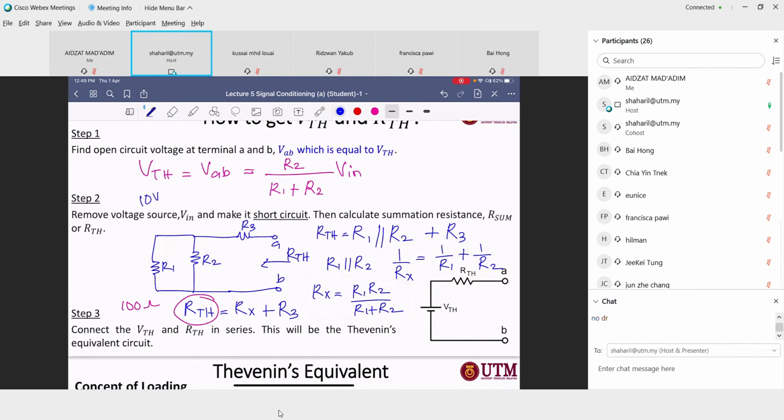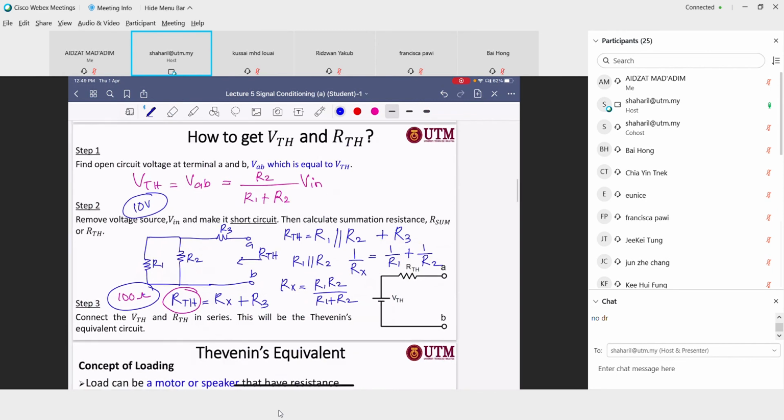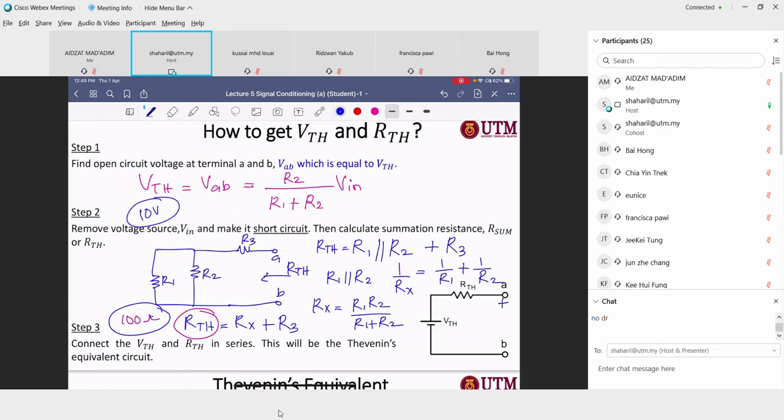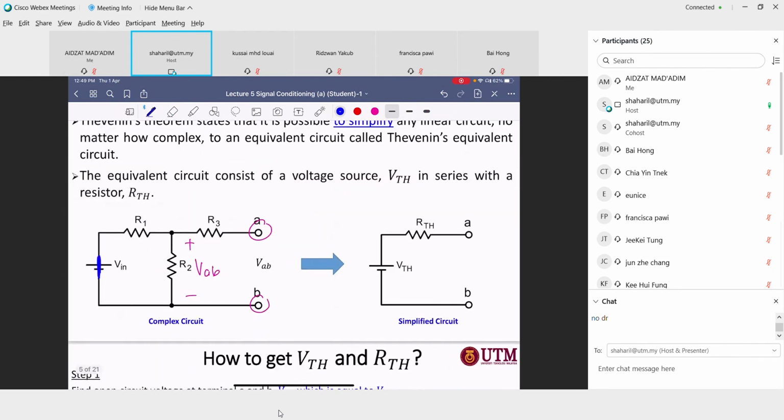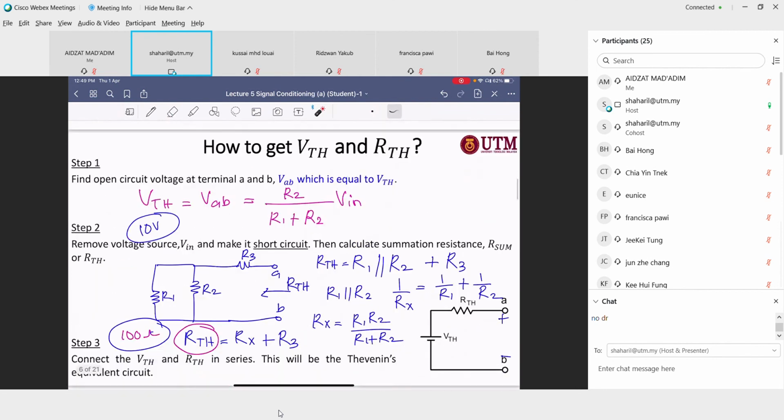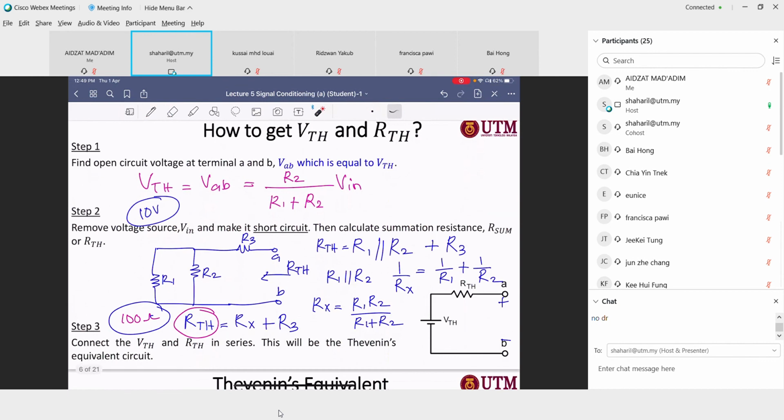That means the equivalent circuit using Thevenin's theorem, you just need to draw only the 10 volt supply and also the 100 ohm resistance. It will give you the same output as this complex circuit. That is the purpose of Thevenin's theorem.